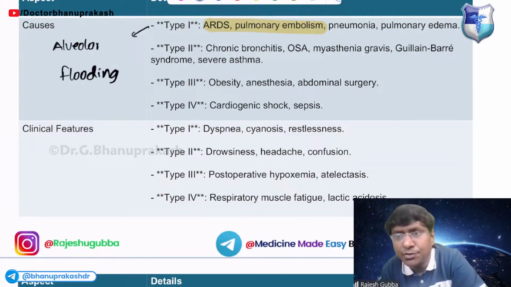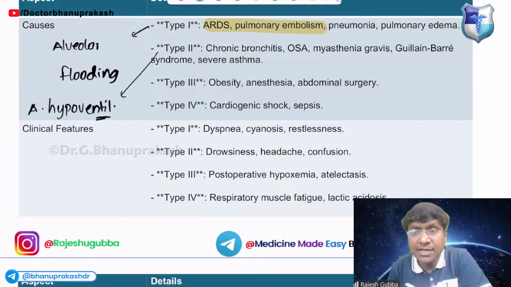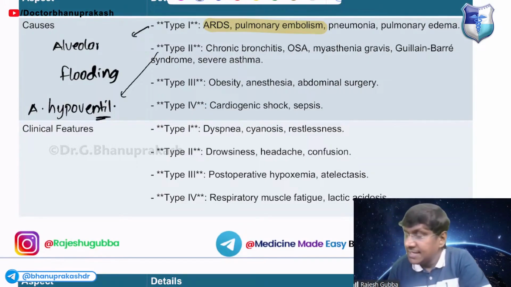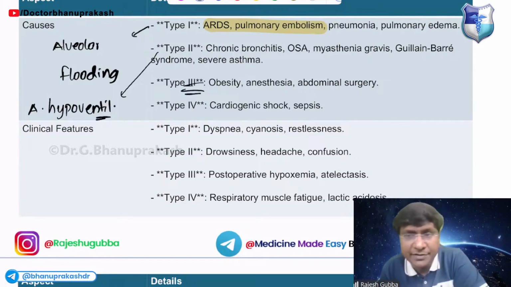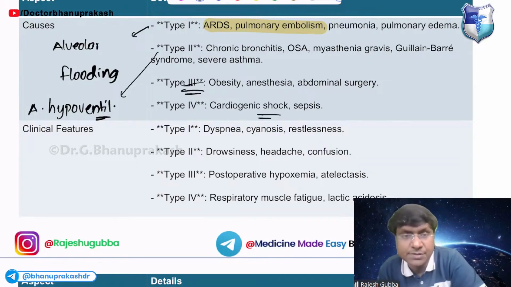Whereas in type 2, you have alveolar hypoventilation, like chronic bronchitis, OSA, myasthenia gravis, Guillain-Barré syndrome, severe asthma. And type 3, it will be perioperative respiratory failure, like obesity, anesthesia, and abdominal surgery. Type 4 will be secondary to cardiogenic shock or secondary to sepsis.